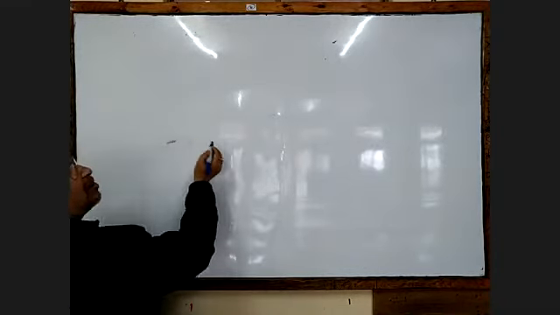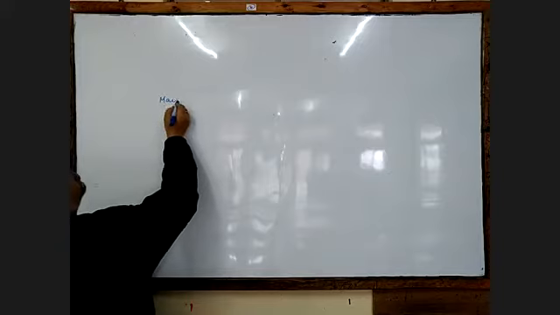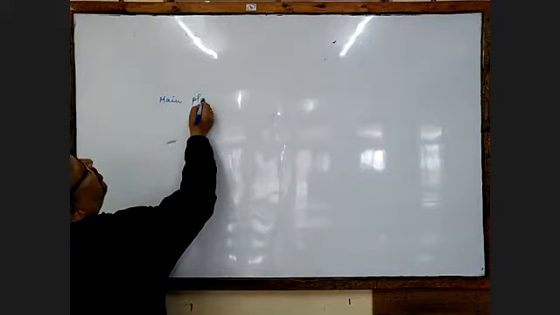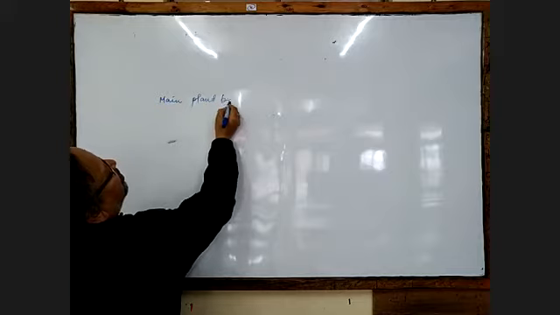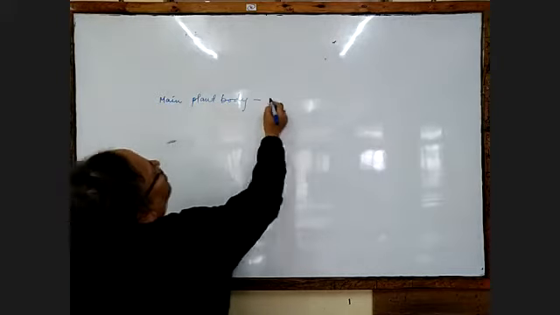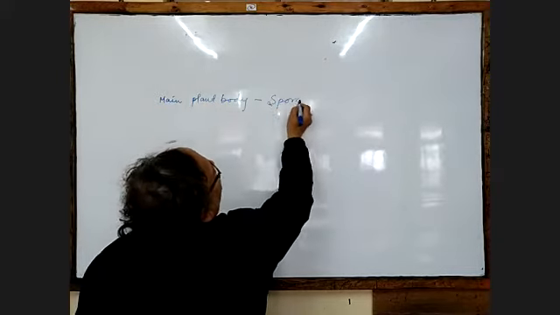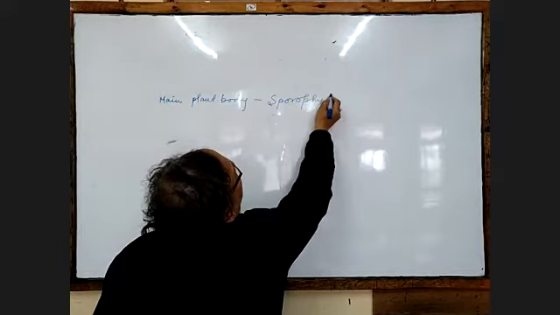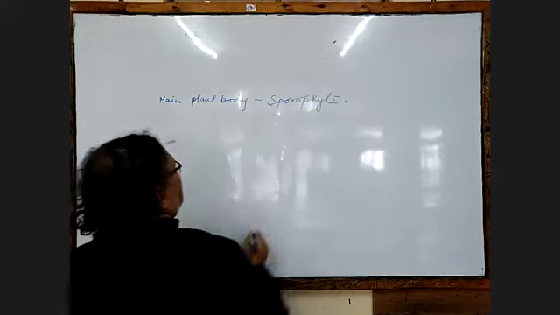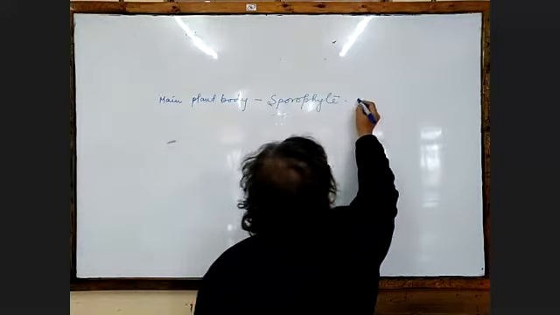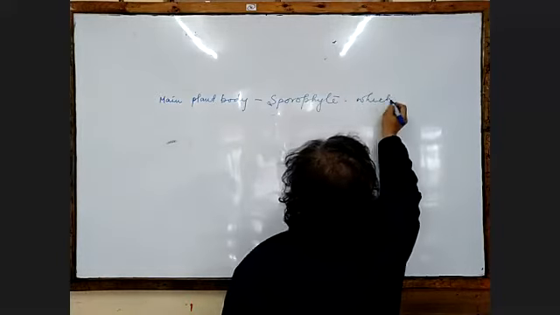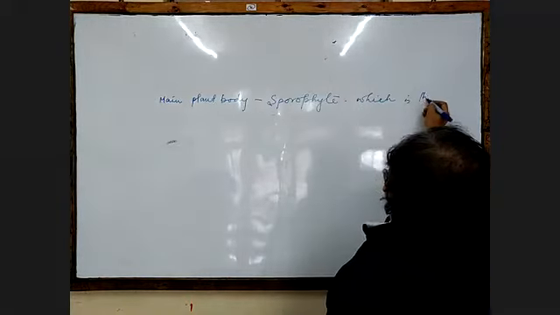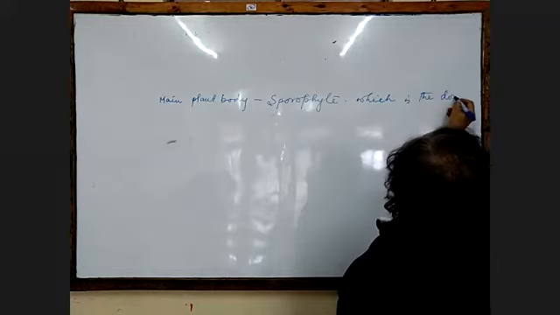Now, the main plant body is a sporophyte, which is the dominant phase.